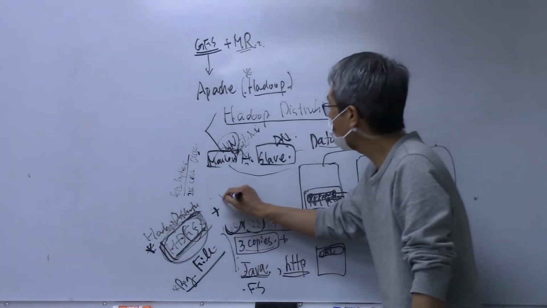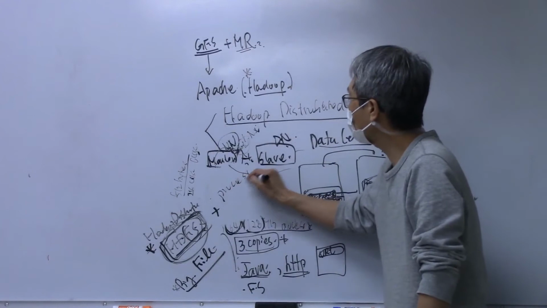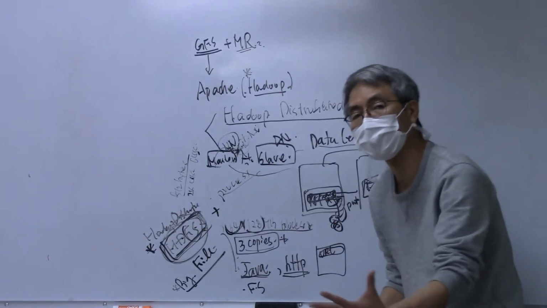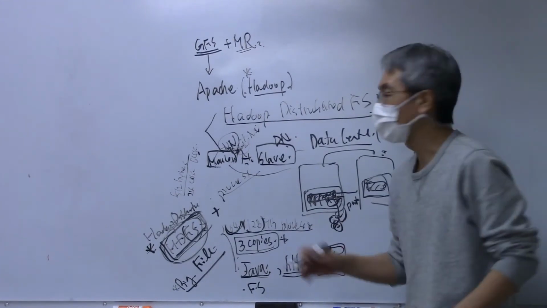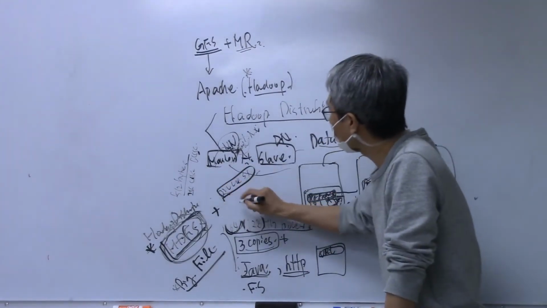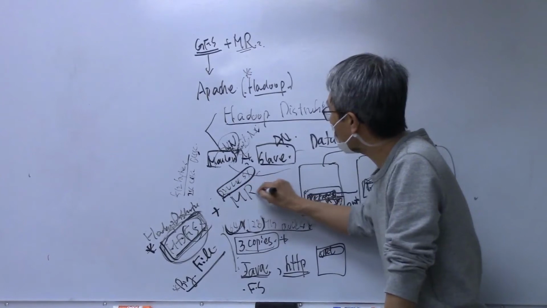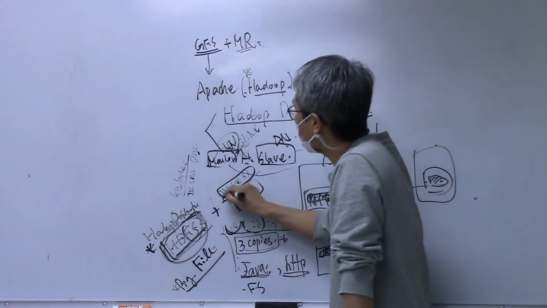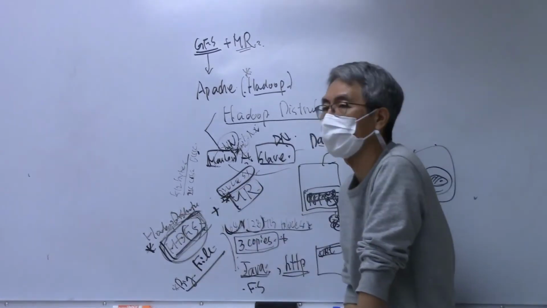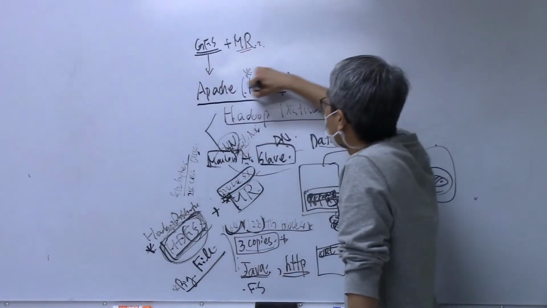So how can we process? For the process, we need the programming framework. For the programming framework, we are going to see the MapReduce program. Okay? So this is another core component of the Apache Hadoop system.